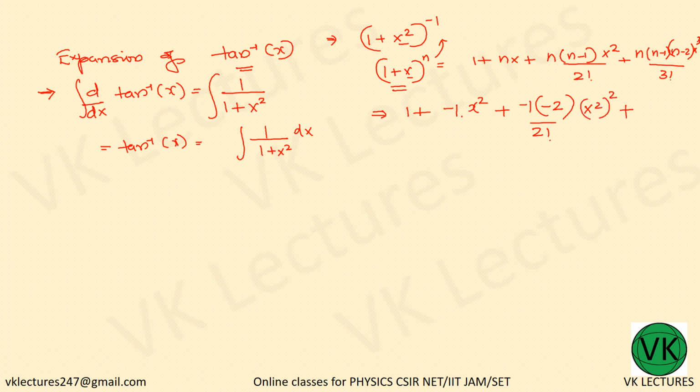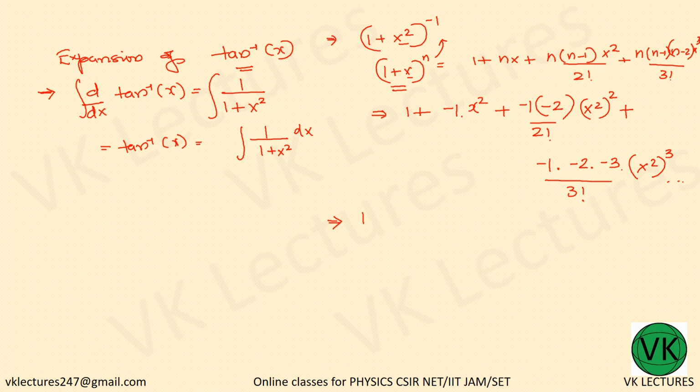Plus, let us write the last term also: minus 1 into minus 2 into minus 3, because n minus 1, n minus 2 also will be there, divided by 3 factorial, into x square whole to the power 3. Okay, it's not very difficult.